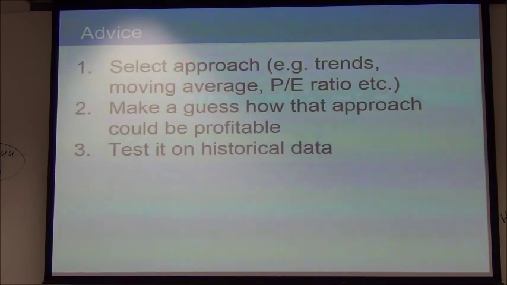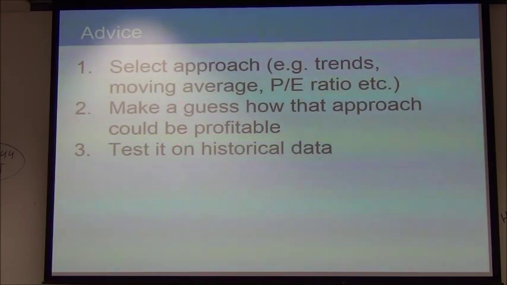First you select a technique, then you make a guess and define a strategy, and let's say write a strategy based on that guess, then you test it on historical data. You can use several iterations here.